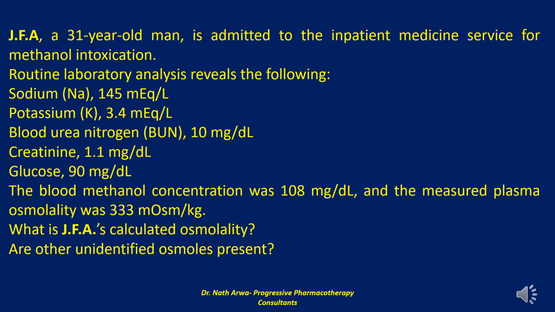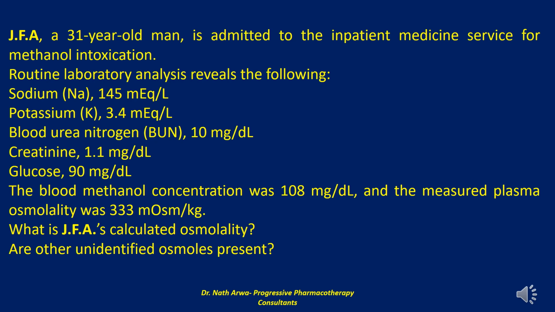POSM is equal to 2 multiplied by 145 milliequivalents per liter, plus 90 mg per deciliter divided by 18, plus 10 mg per deciliter divided by 2.8, which is equal to 290 plus 5 plus 3.6, which is equal to 299 milliosmoles per kilogram. Osmolal gap is equal to 333 milliosmoles per kilogram minus 299 milliosmoles per kilogram, which is equal to 34 milliosmoles per kilogram.